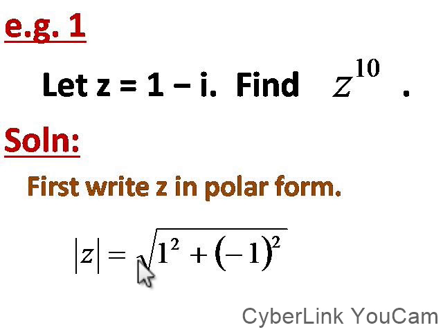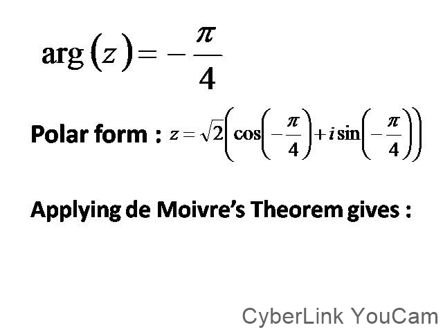So mod z is root 2, and the argument of z, that is tan inverse of y by x, or b by a, that means minus 1 by 1, that means minus 1. Tan inverse of minus 1 is minus pi by 4.